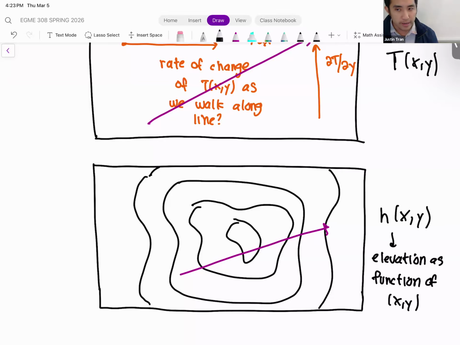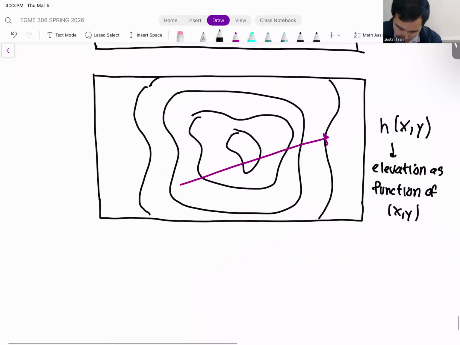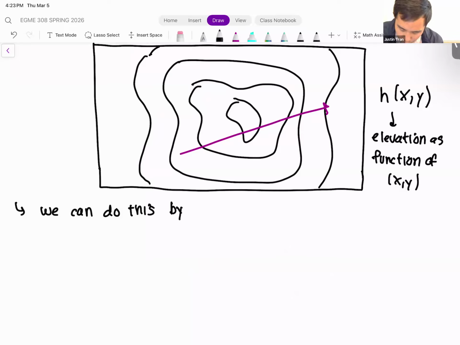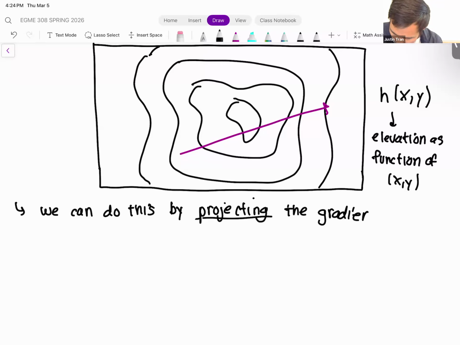The way we actually do that is we combine our gradient together with this idea of a dot product projection. So we can do this by projecting the gradient along that direction.